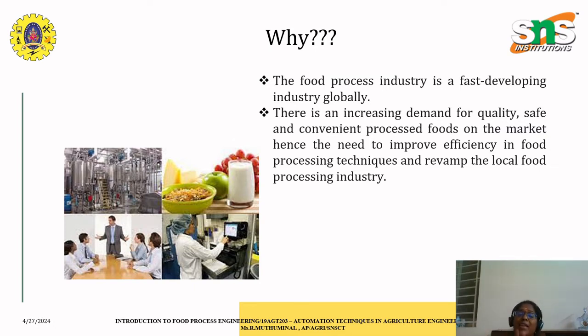And what is the main aim as of today is we have to provide the food in a very good quality, in a safe and environment protected one. That is convenient processed food with a very good quality which doesn't impact any health effects to the consumers. So this is our main aim.